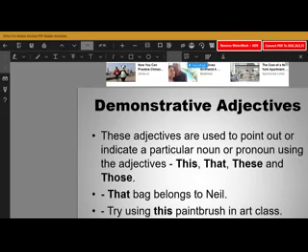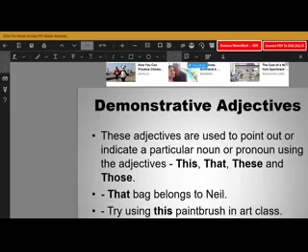Like, that bag belongs to Neil. So which bag? Bag is the noun. Which bag? That bag tells something about the position of the bag, whether the bag is near or far. So the word that describes a particular bag and tells about its position. In the same way, I told you in the beginning that an adjective will always describe something, especially a noun or a pronoun.